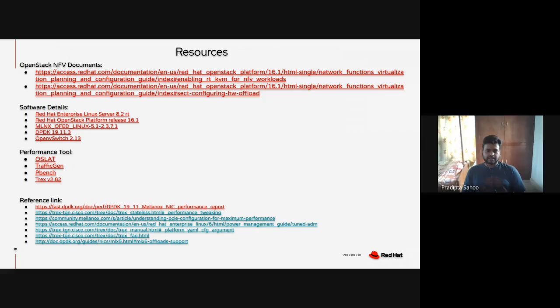If there is any additional requirement for firmware upgrade, you can follow the Mellanox software driver for further tuning. And these are the reference links for the performance measurement tools, Ansible, TRex, pbench, and T-Rex, which we used in our deployment.